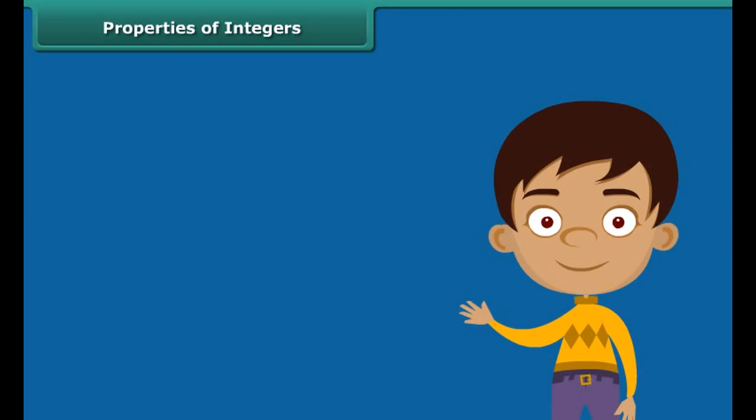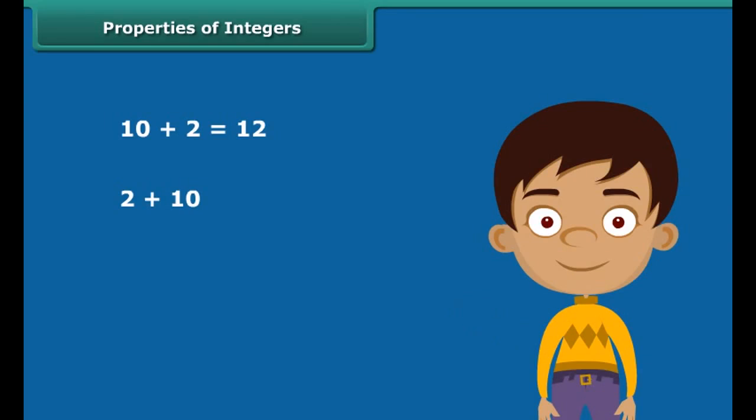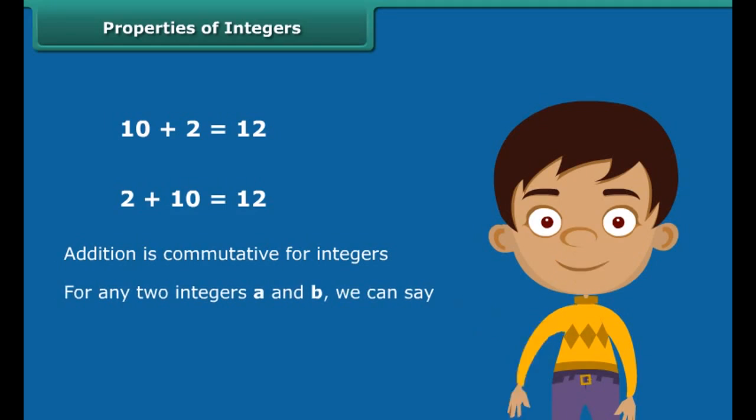Or we can write it as 10 plus 2 is equal to 12, and 2 plus 10 equals 12. In both the cases, we get the same answer. This means the integers can be added in any manner. Hence, addition is commutative for integers.